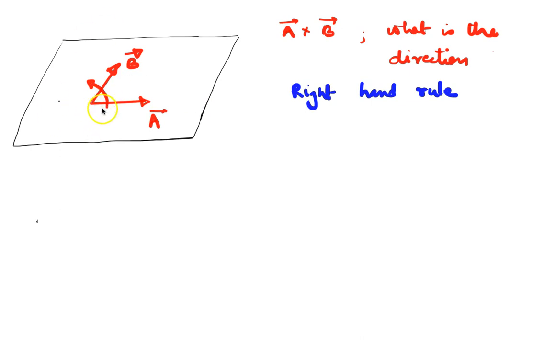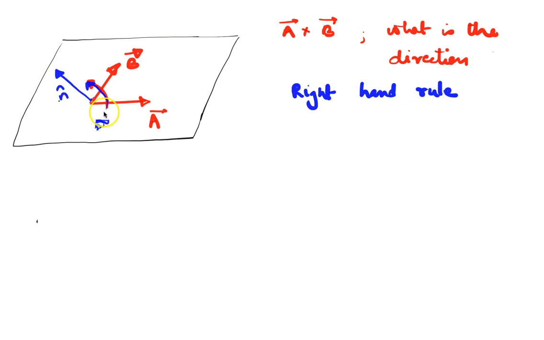The right hand rule says that if you take your right hand and take all of your fingers and rotate your fingers from A to B, then your thumb will point in the direction perpendicular to this plane, and that is what the direction is.